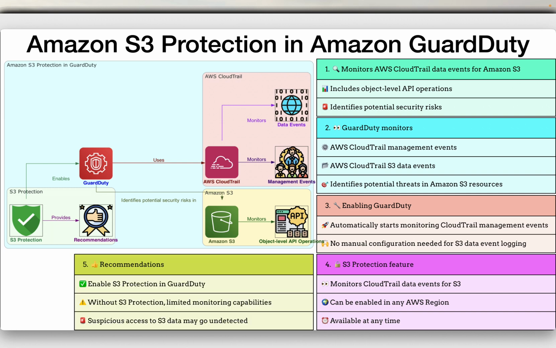It is recommended to enable S3 protection in GuardDuty. If this feature is not enabled, GuardDuty will not be able to fully monitor your Amazon S3 buckets or generate findings for suspicious access to the data stored in your S3 buckets.